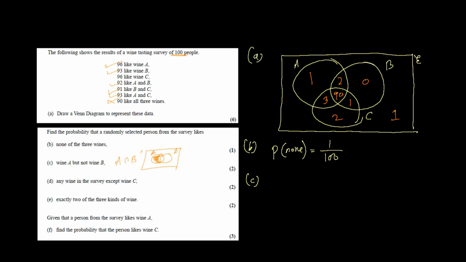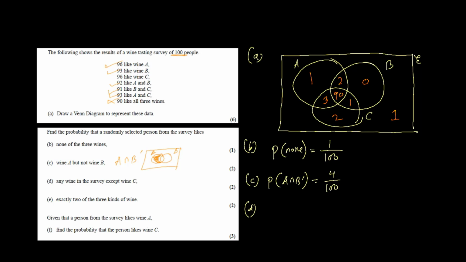There are 4 people here where we remove B from the A set. So this is 4. So probability of A but not B, meaning A intersection B prime, you do not have to express it in set notation, but it helps if we use it because it's easier to write. So this is 4 divided by sample space 100.